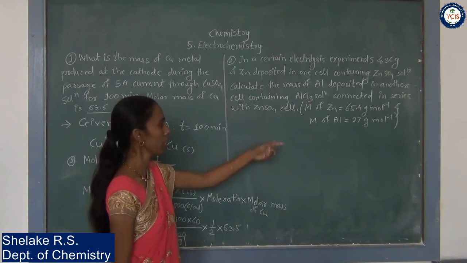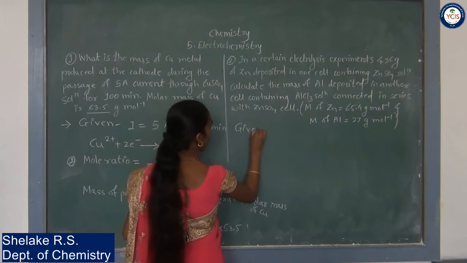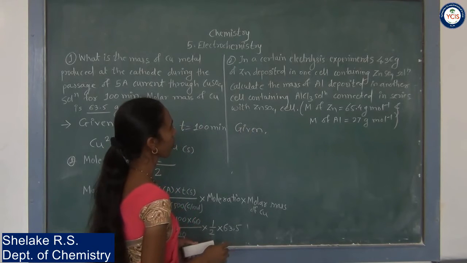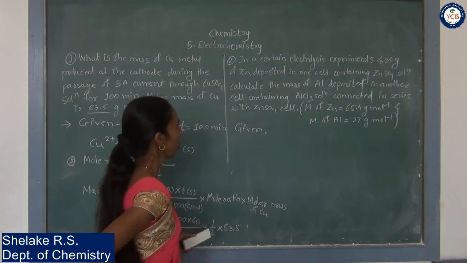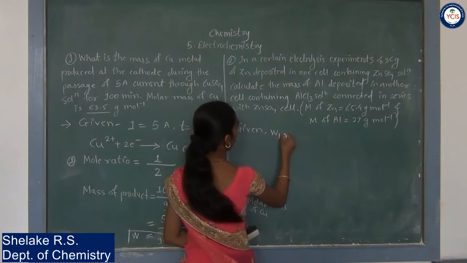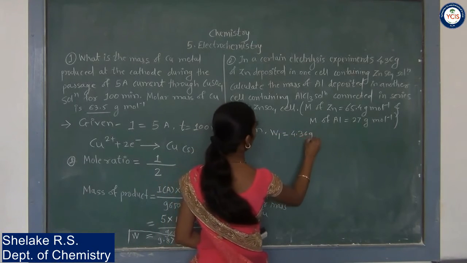Okay, so first we'll write the given quantities. In a certain electrolysis experiment, 4.36 gram of zinc is deposited, meaning the weight of zinc is given. So W1 is 4.36 gram.